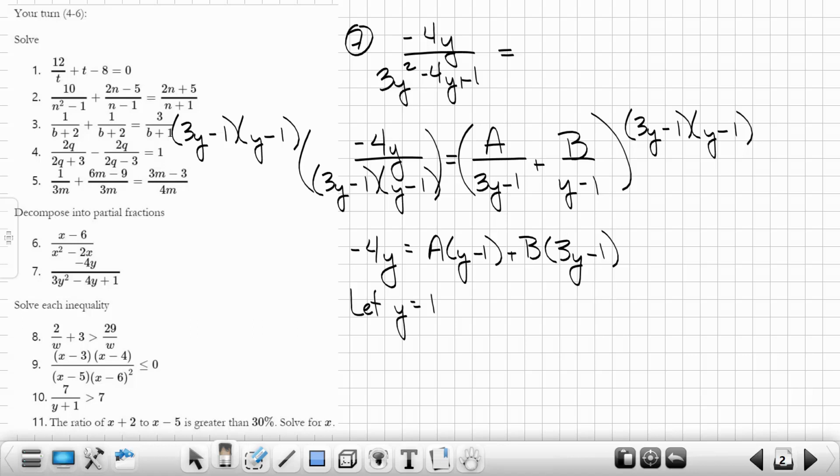Let y equal 1 so I can cancel the a, because 1 minus 1 is 0. And I get -4 times 1 is equal to b times 3 times 1 minus 1. So that's -4 is equal to 2b. Divide by 2 and you get b is -2.